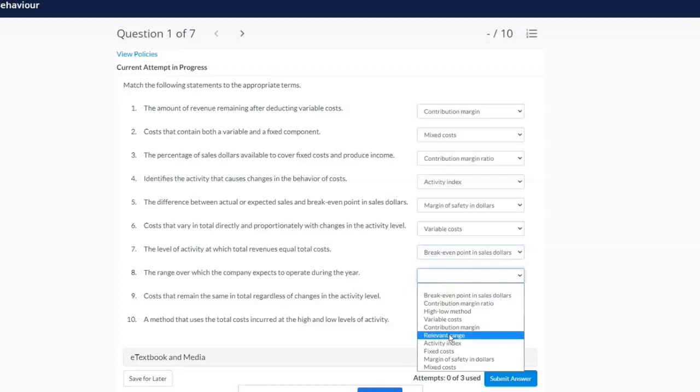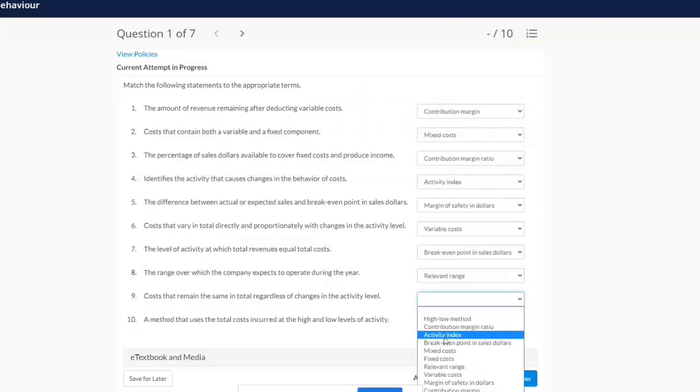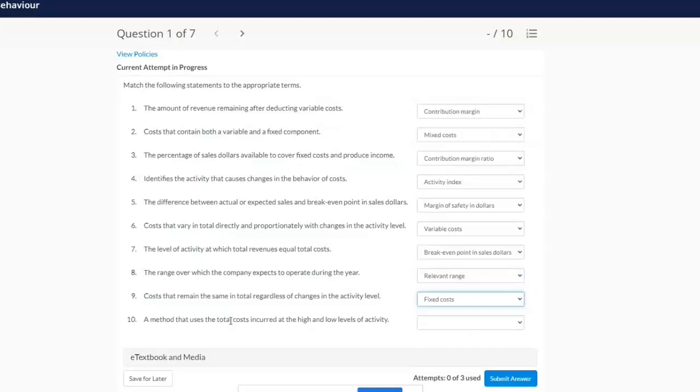Relevant range. Costs that remain the same in total regardless of change in the activity level. Fixed. A method that uses the total cost incurred at the high and low level of activity. High-low method. Exactly. Good.